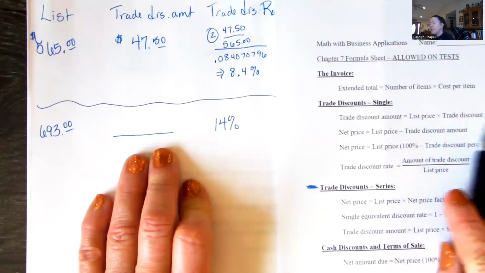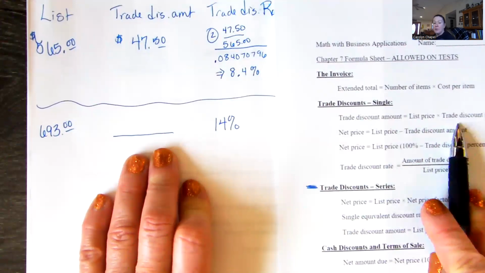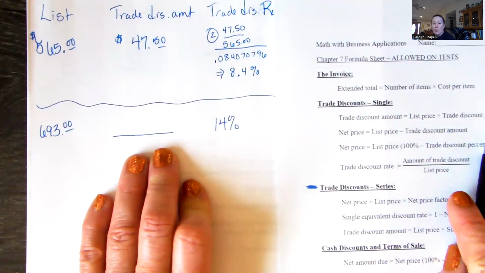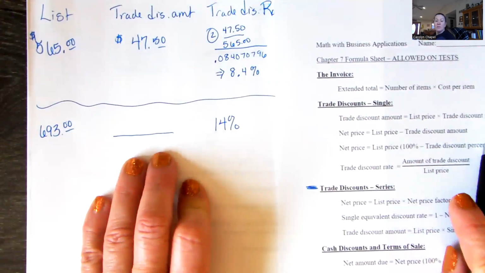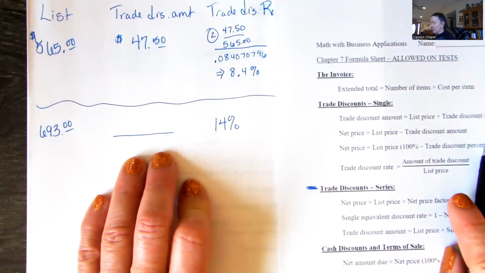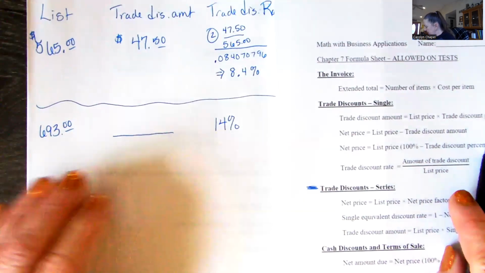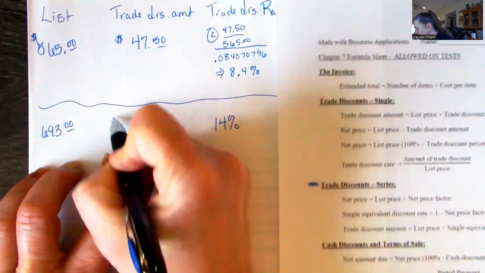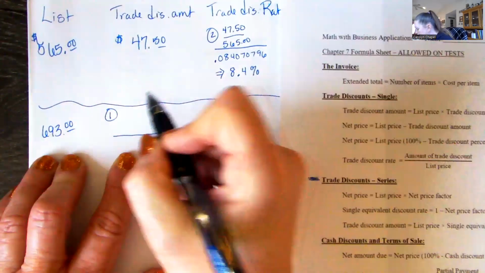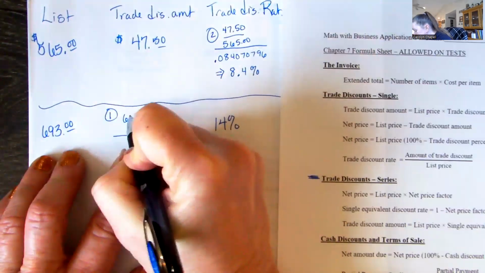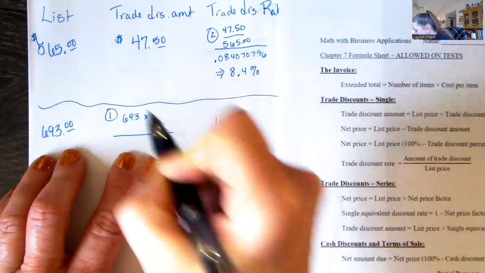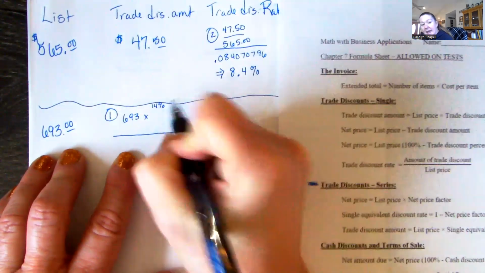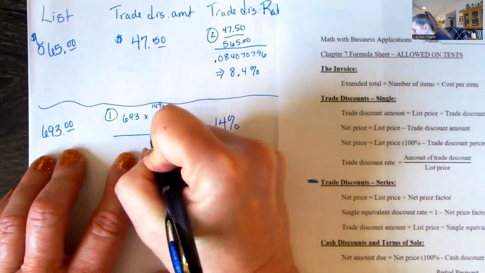Now, when we see formulas that involve percents, and I'm going to remind you of this over and over and over again, we need those percents in those decimal working forms. So to find this trade discount amount, I'm going to take my list price at $693 times that 14%, but I need it as a decimal, so 0.14.